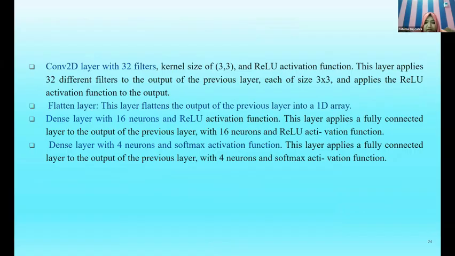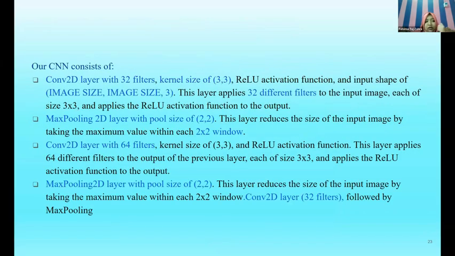So these are the layers of CNN in our models. Our CNN model is layered with 2x2 filters, and we have a max pooling 2D layer with size 2x2. The Conv2D layer has 64 filters, a kernel size of 3, and the ReLU activation function.